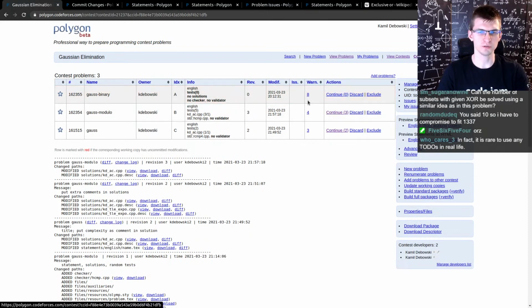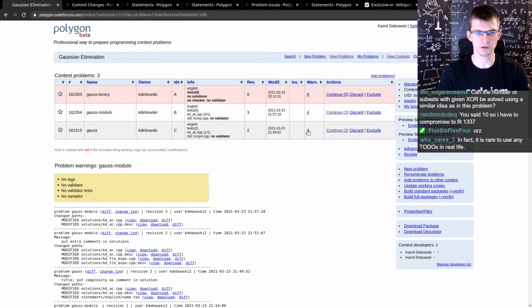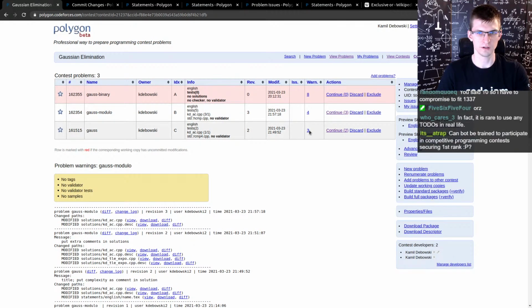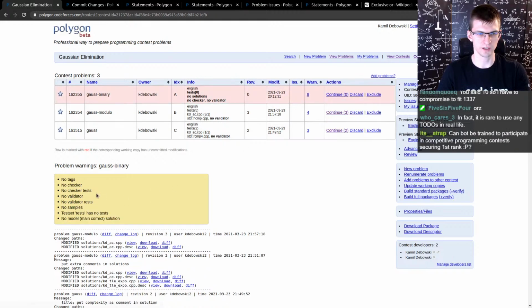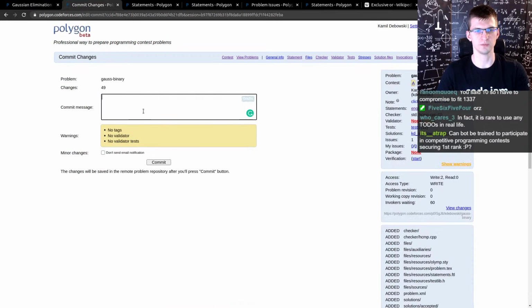When you want to publish a contest, you should get 0 warnings. And here the issue is no samples in problem 2. No validator in every problem. No tags here, no checker, because I didn't commit. What do we have? Statement, samples, solutions, random tests. Few small tests.